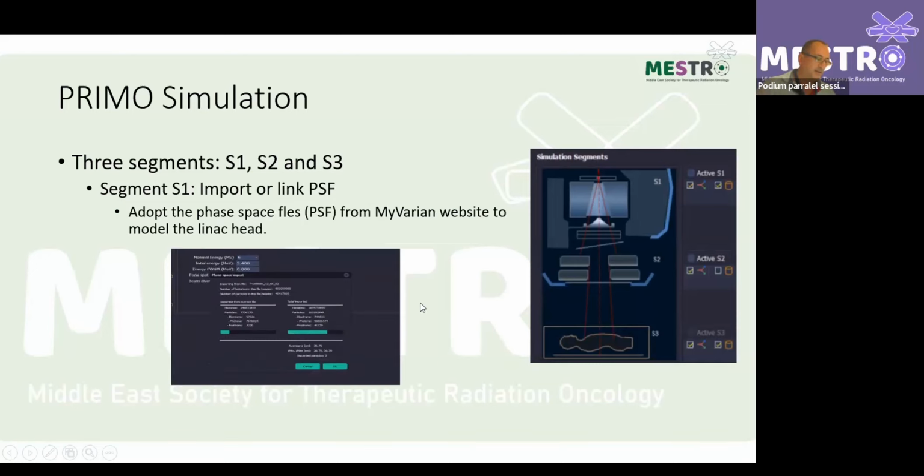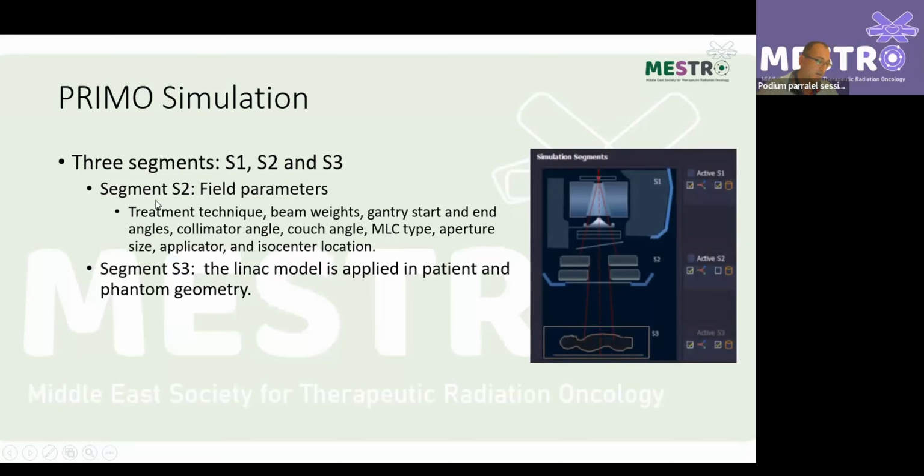Another way is to adopt the phase space file, PSF, from the Varian website to model the linac head. In segment S2, we import field parameters, including treatment technique, beam weights, gantry start and end angles, collimator angle, couch, MLC, etc. In segment S3, the linac model is applied to the patient and phantom geometry.